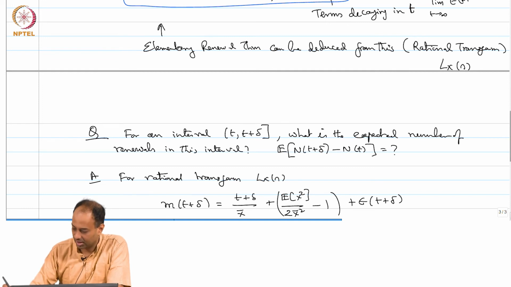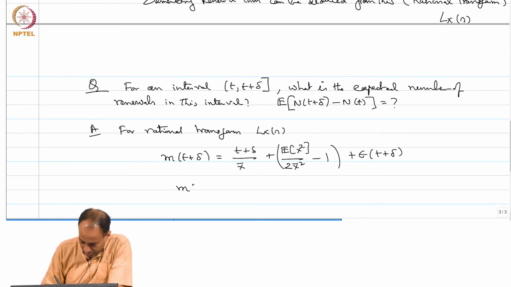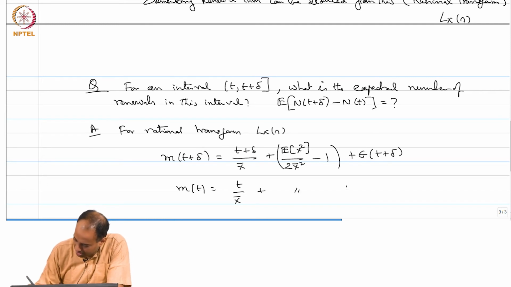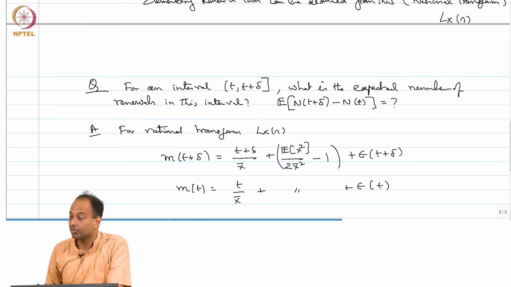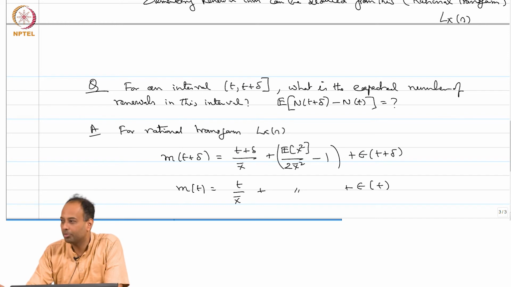This is the decaying term, and m of t is simply t over x bar plus the same term plus epsilon t, right. What have I done? I have just copied what I know for the m of t. M of t is just expectation of N of t, right.